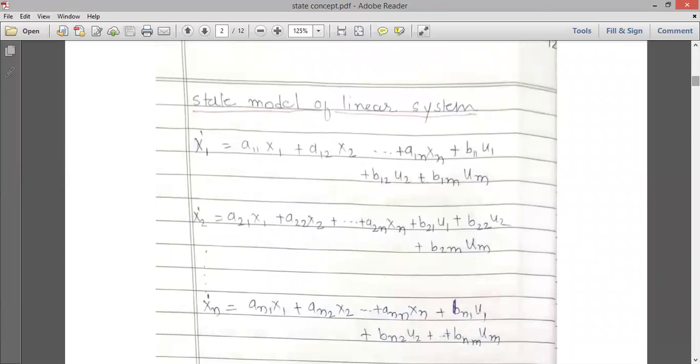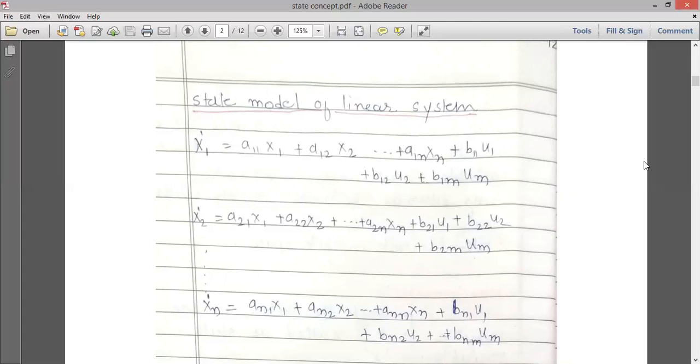To design the state model, we have linear equations. Each is a linear combination, indicated by the derivative of a particular state variable. The first state variable derivative is equal to the linear combination of all the state variables as well as all the inputs, whatever is related to x1, multiplied by particular constants.